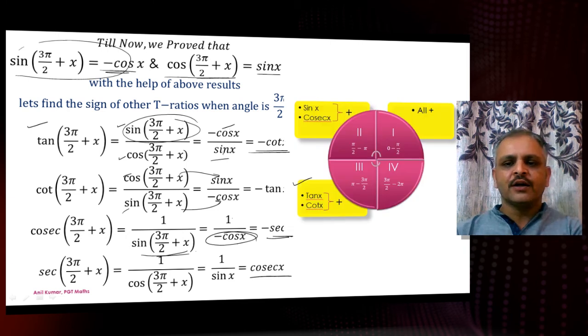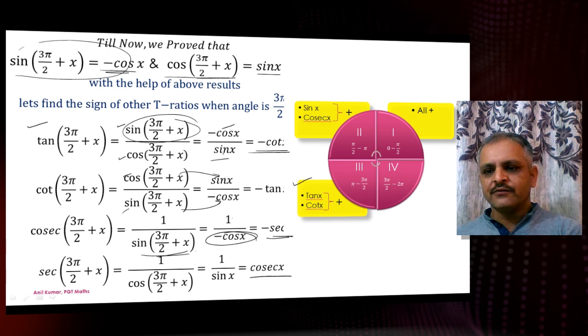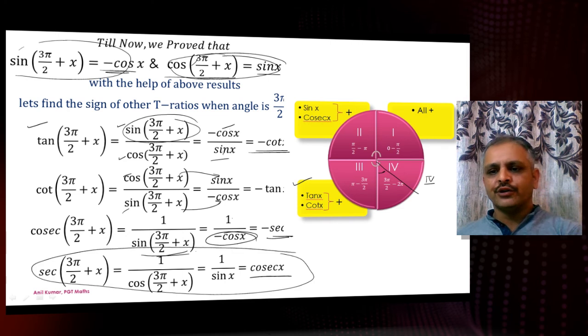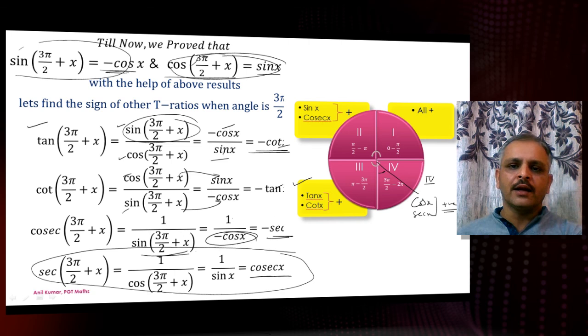So if we consolidate all these results, 3 pi by 2 plus x means we are here now, in quadrant number 4. And in quadrant number 4, we observe that the output of cos and its reciprocal, secant, will be positive. That means cos x and secant x will be positive, and the remaining 4 t ratios are negative.